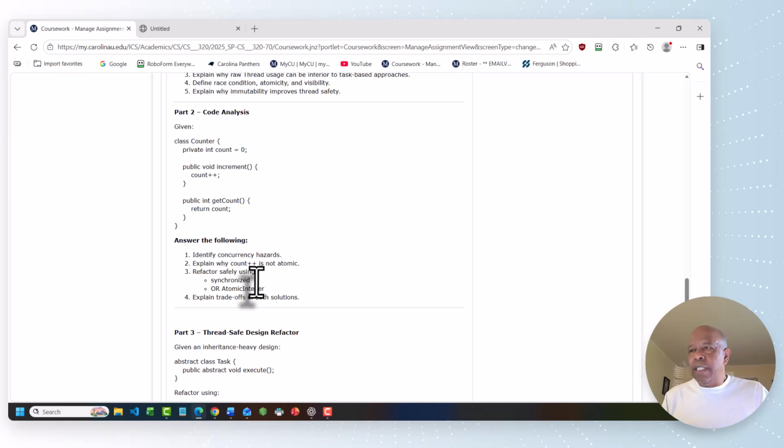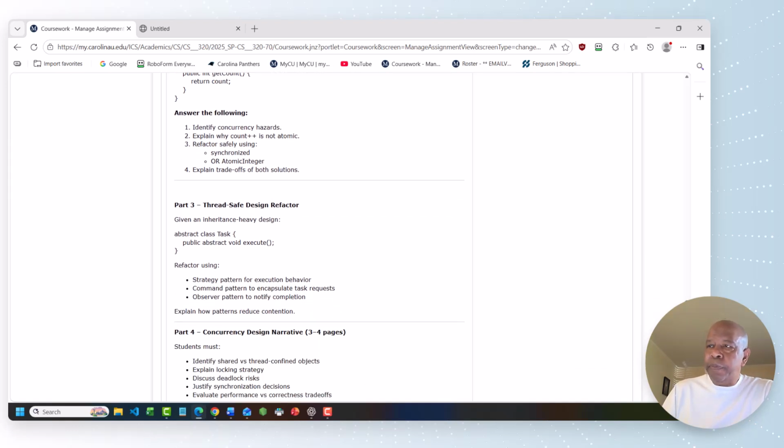Remember, refactoring means I'm rewriting the code in order to make it better, but I'm not changing the purpose of what the code is doing. That's refactoring. I'm rebuilding it. So how do I refactor safely using synchronization or AtomicInteger? Explain the trade-offs of both solutions.